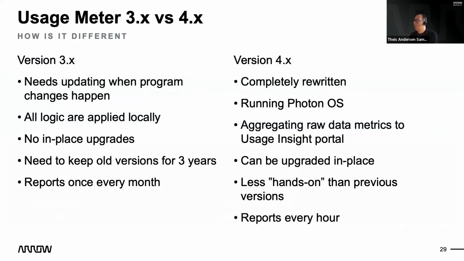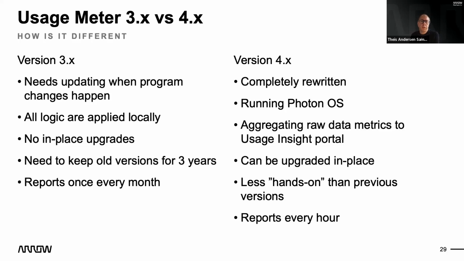If you were on 3.6.1, and there is apparently nobody on the call that is using 3.6.1 or earlier, but just to describe the difference in technology here, all the logic in the old version 3 was kept on the appliance. So all processing and stuff like that was done locally on the appliance.